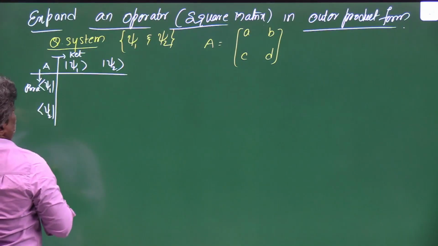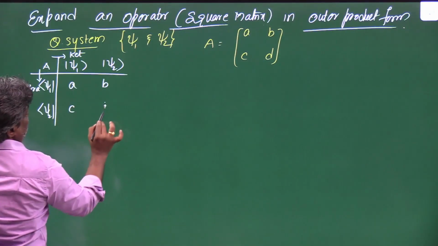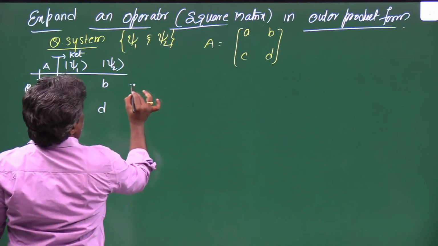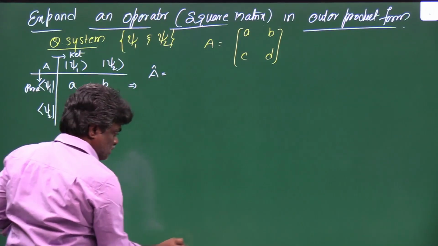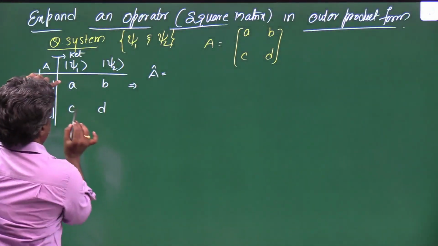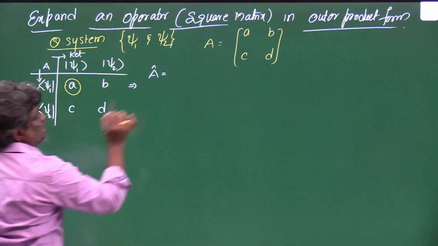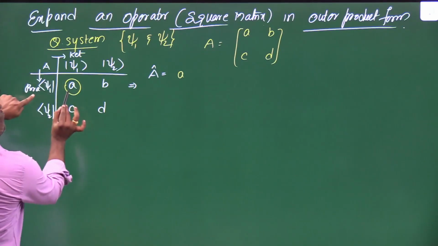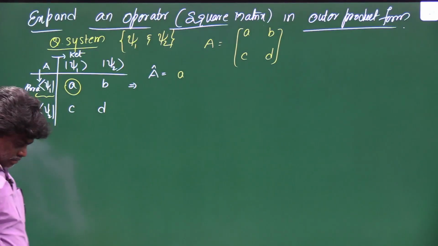Now here we have A, B, C, D as the elements. Now the outer product form of any operator is given simply, see the board here, very crucial. And what is the first element here? Take that. Now listen, corresponding to A, what is the bra vector?